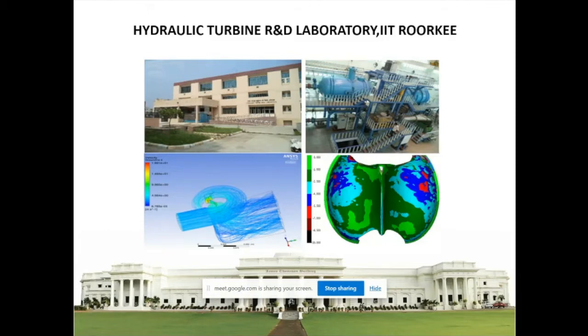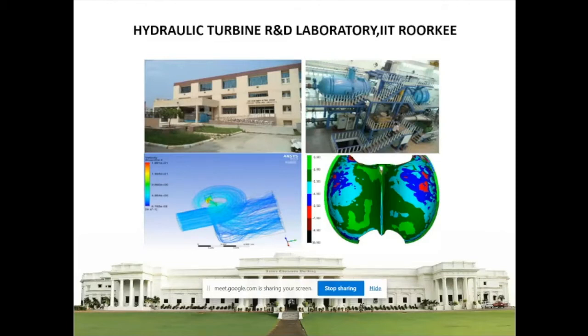Suppose CFD is predicting the efficiency as 92%, and if you have followed the proper guidelines of doing the CFD and well-established methods, then you can claim that your result is within 0.5% error. That kind of confidence we get from the CFD once we follow it accurately.